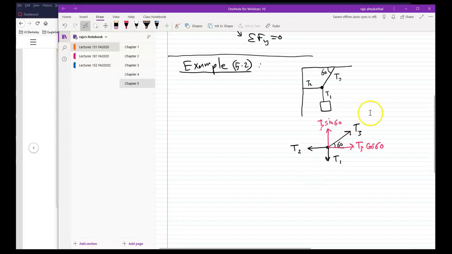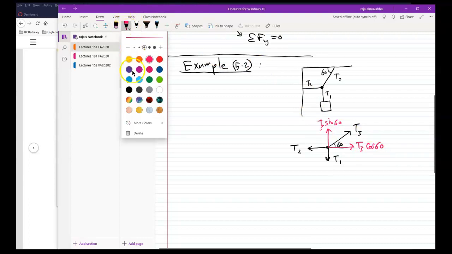Once I get those components, you can completely disregard the original T3. You see what I'm saying? In other words, those two components have replaced the original resultant. So totally ignore that T3 now, because those two are the ones that we're going to be working with. All right, let me go back to black color.